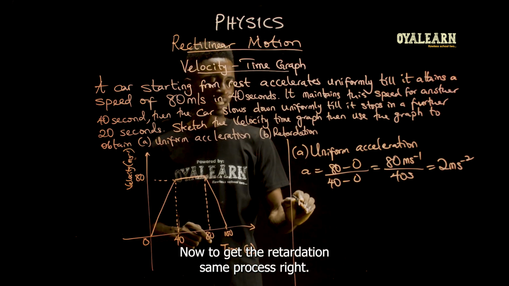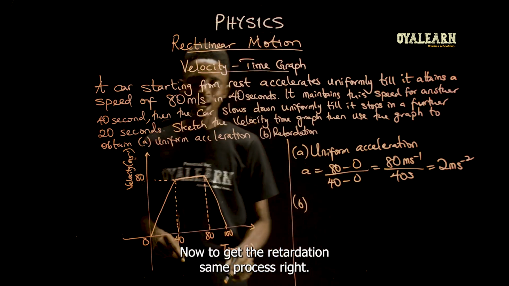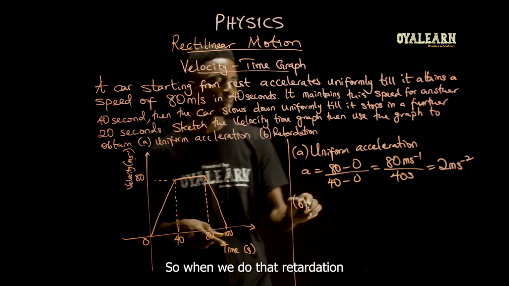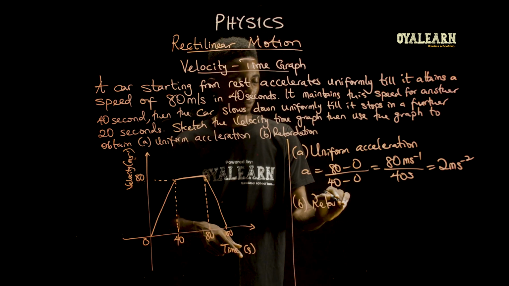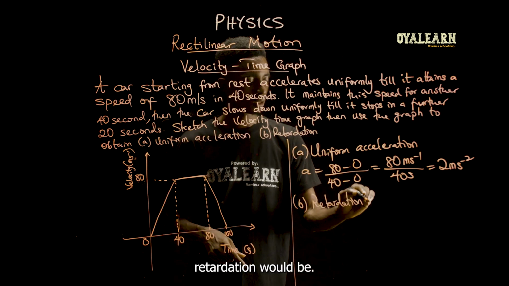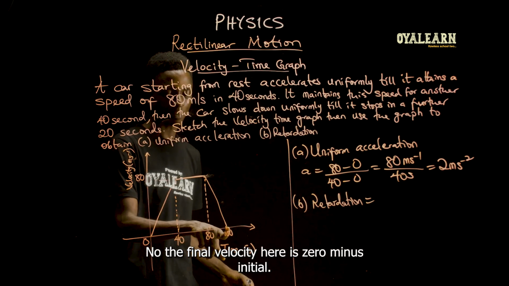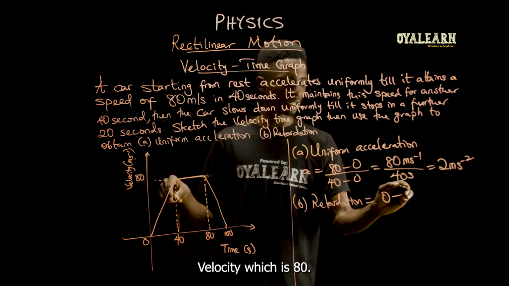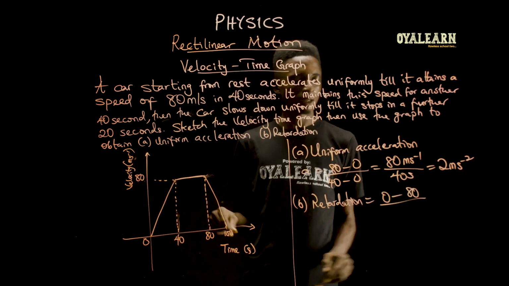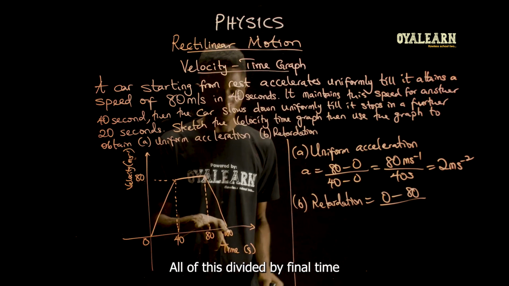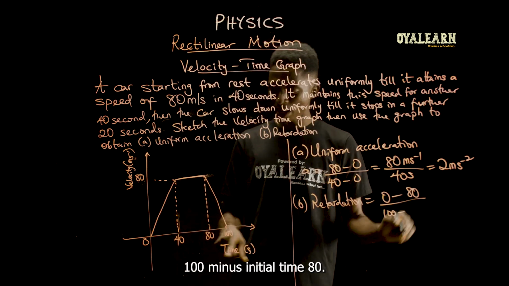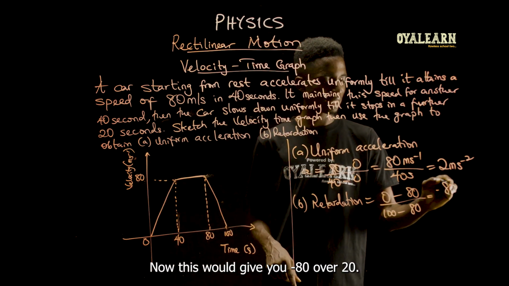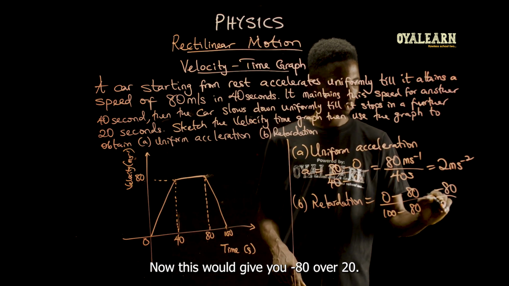Okay? Now to get the retardation, same process, right? But the difference is you see that the line is this way, so you're going to get a negative slope. Okay? So when we do that, retardation would be, this will be our final now. The final velocity here is 0 minus initial velocity here, which is 80. All of this divided by final time, 100, minus initial time, 80. Now this would give you negative 80 over 20.